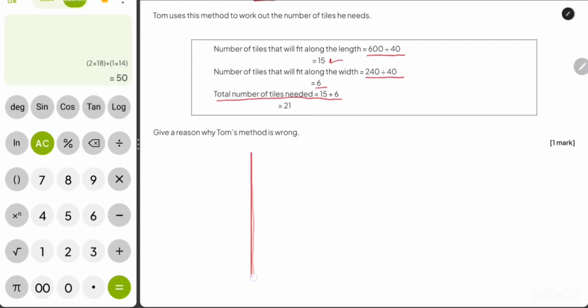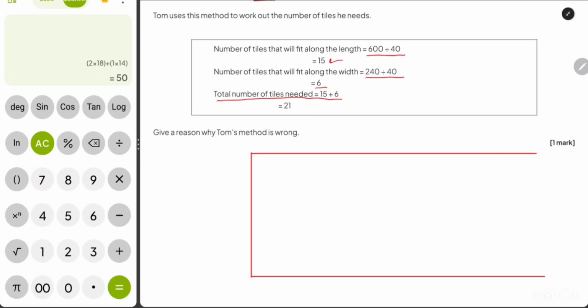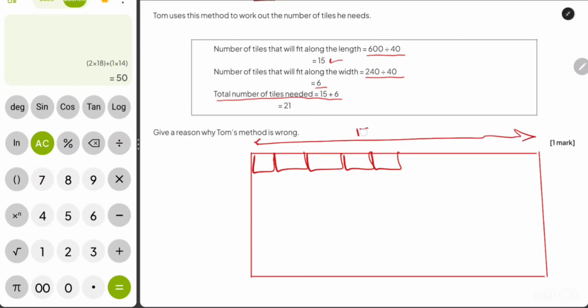Because if there are 15 tiles in the length, I'm sketching one rectangle here. Imagine there are 15 tiles in length. So like this, there are 15 such tiles. And here he'll take 6 such tiles.